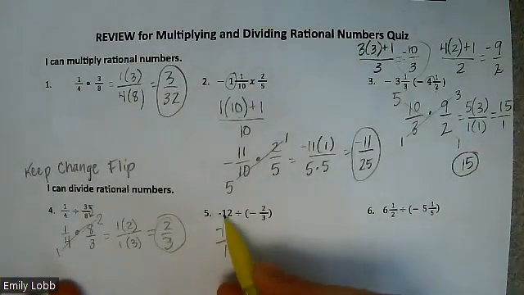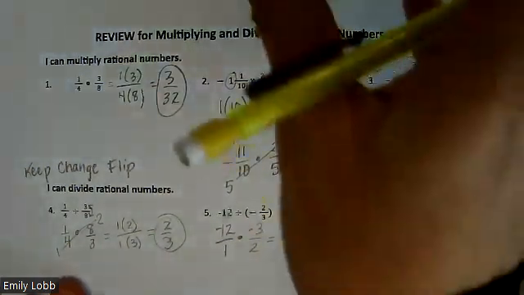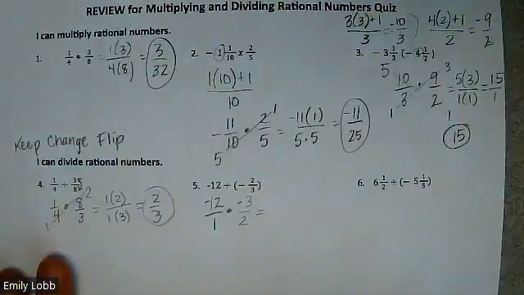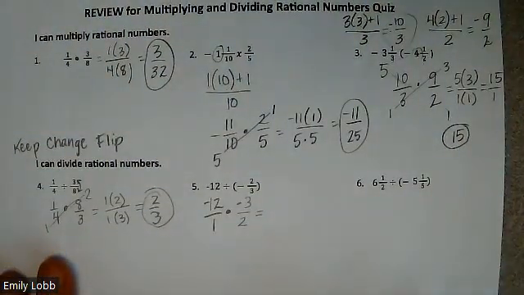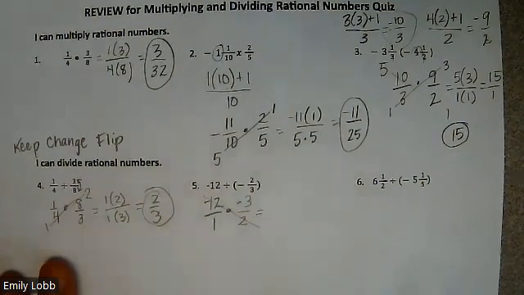Now I'm keeping that. I'm changing to multiplication, and I have to flip my fraction. So now the 3 is going to the top, the 2 is going to the bottom. So I would probably divide first, take out a factor of what from 2 and 12?